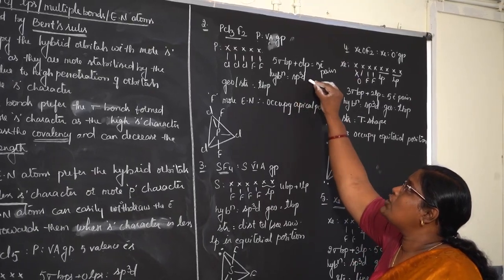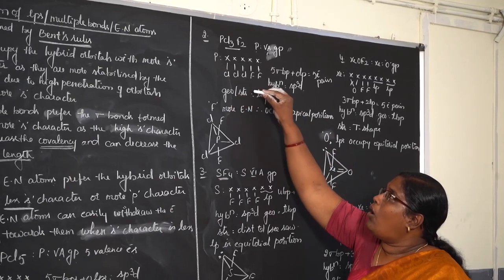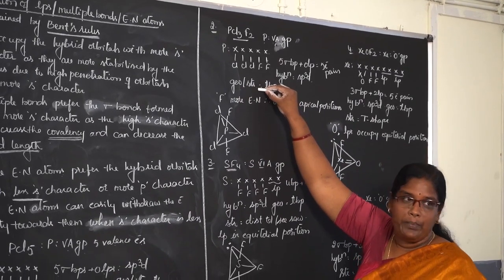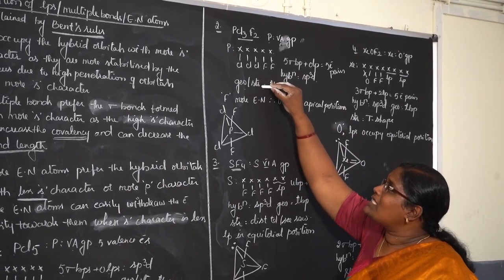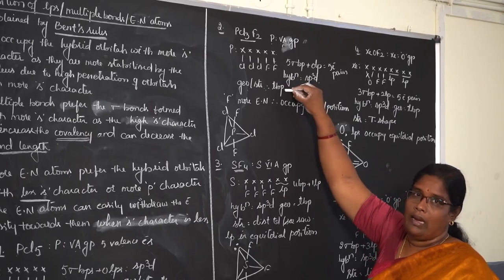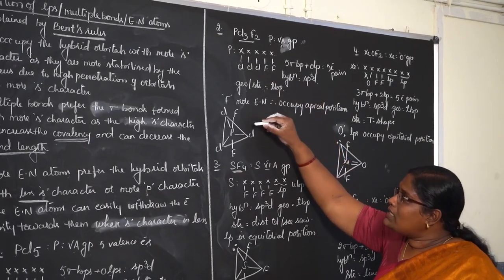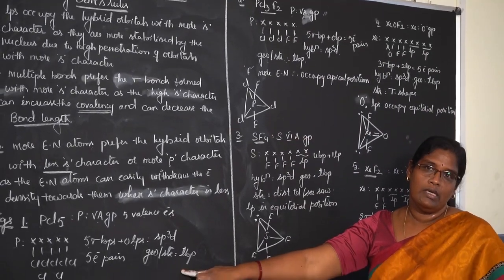So hybridization is sp3d. Since we do not have any lone pairs, the geometry and structure are the same, trigonal bipyramid. But how does this molecule differ from PCl5?